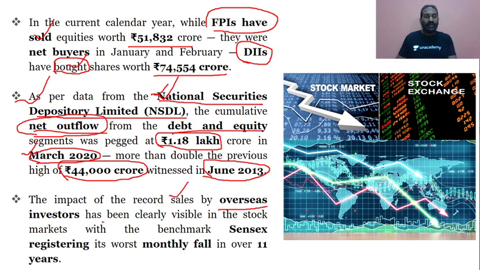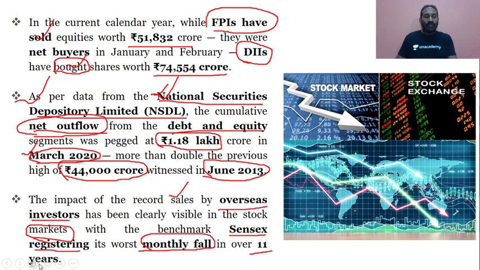Sales by the overseas investors, that is the FPIs, have been clearly visible in the stock market. We are talking about the Indian stock markets, wherein the Sensex, it could be Bombay Stock Exchange or National Stock Exchange, registered its worst monthly fall in over 11 years.